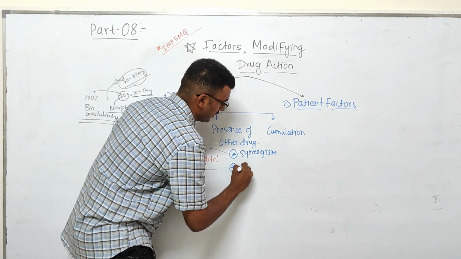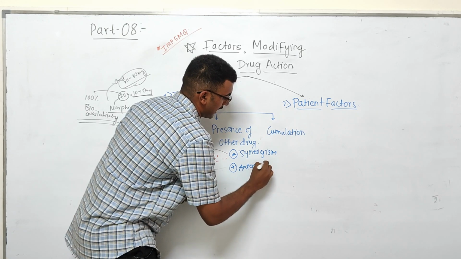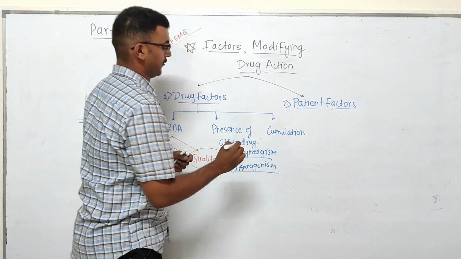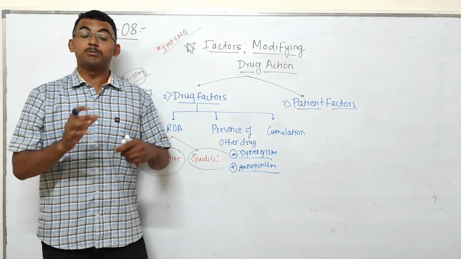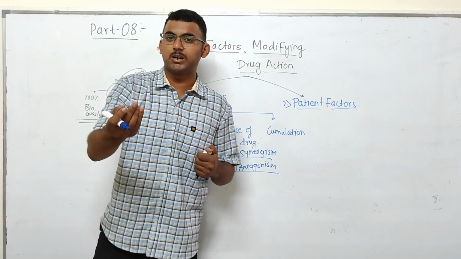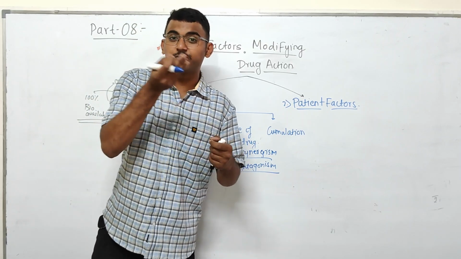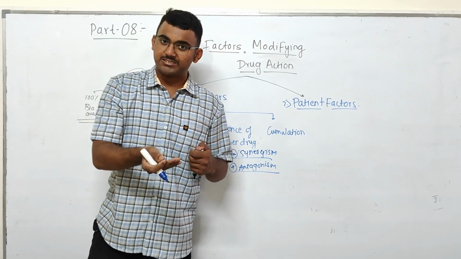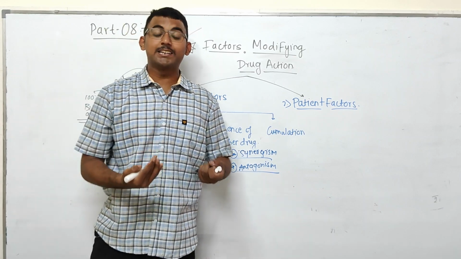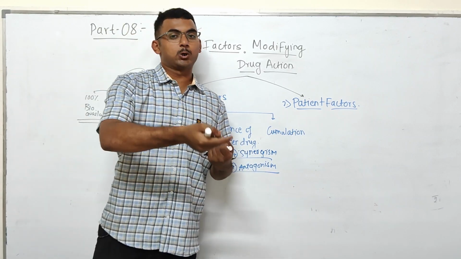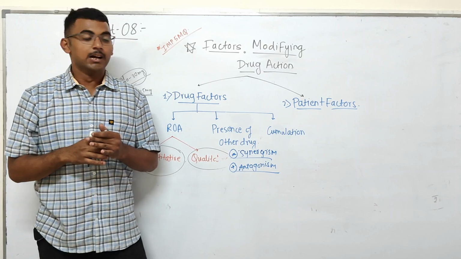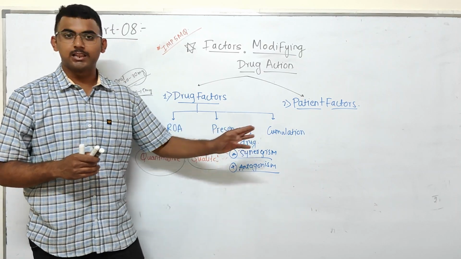Then you are going to have antagonism. So when you are administering a particular drug A, the presence of drug B is going to make a lot of difference. It might cause either synergism or antagonism. I hope the presence of drug topic is clear.